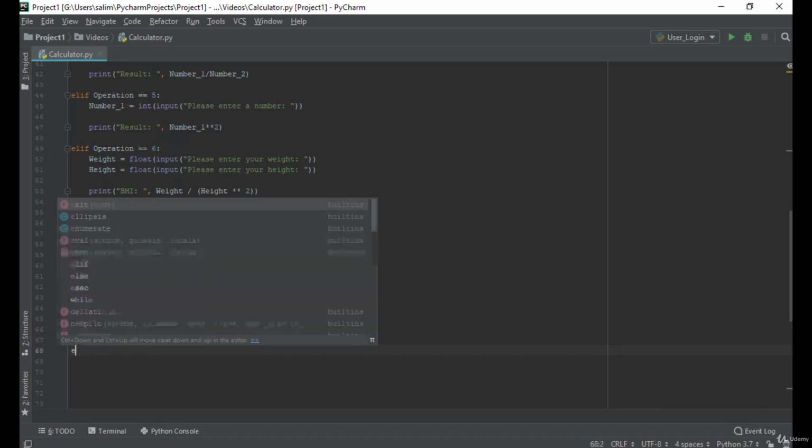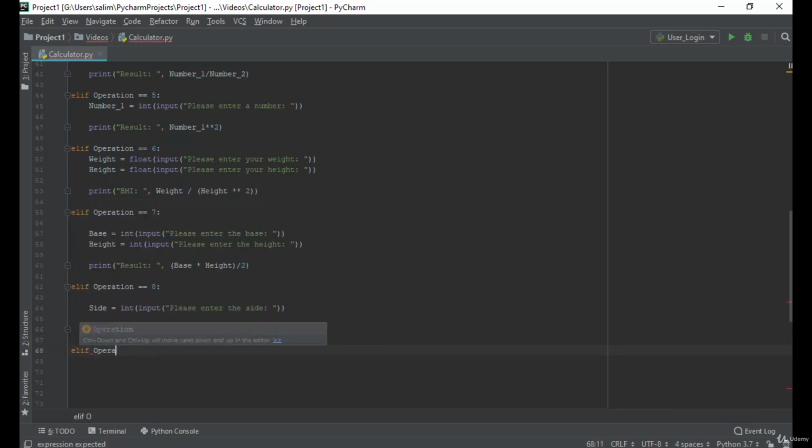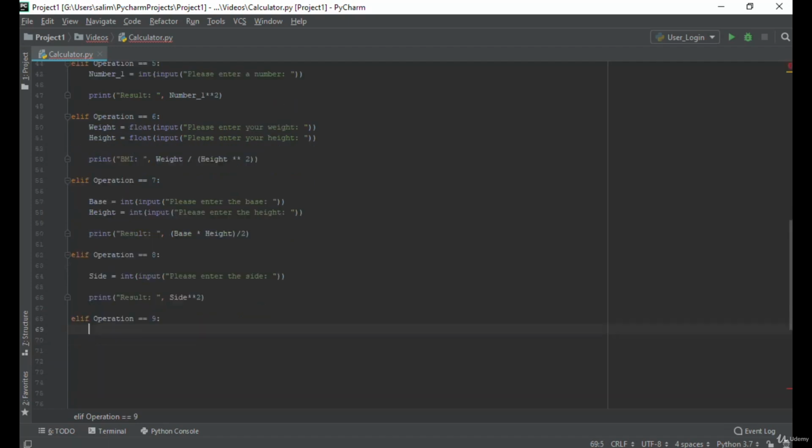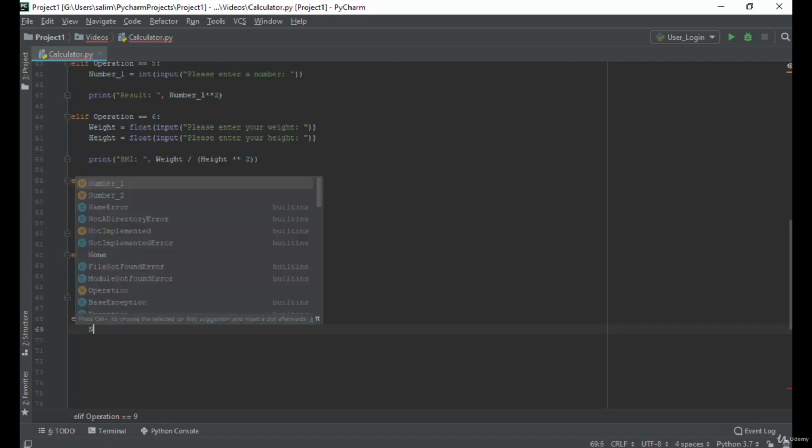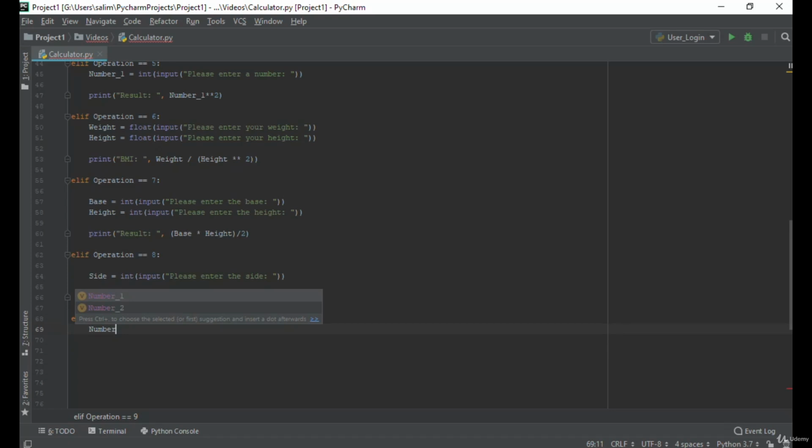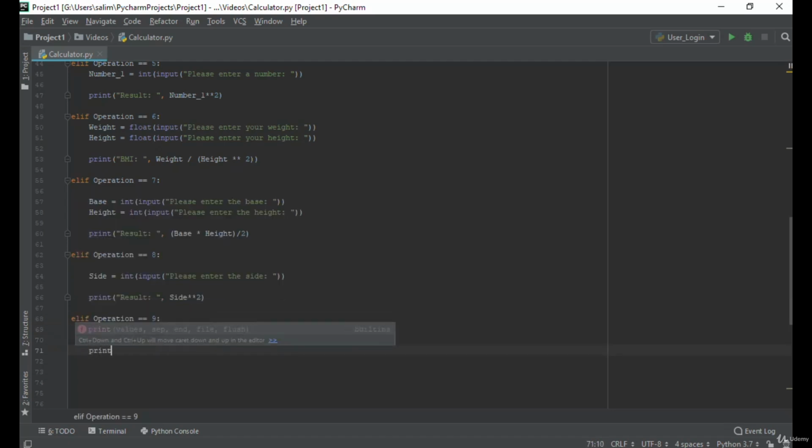The ninth one is finding the square root. So we create a variable named number and ask for that value to be entered by the user. Print number to the power of 0.5.